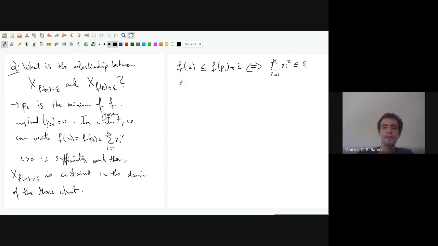So this is if and only if x belongs to a ball of radius epsilon. Sorry, square root of epsilon. Okay, so then X of f of p1 plus epsilon is diffeomorphic to an n ball.